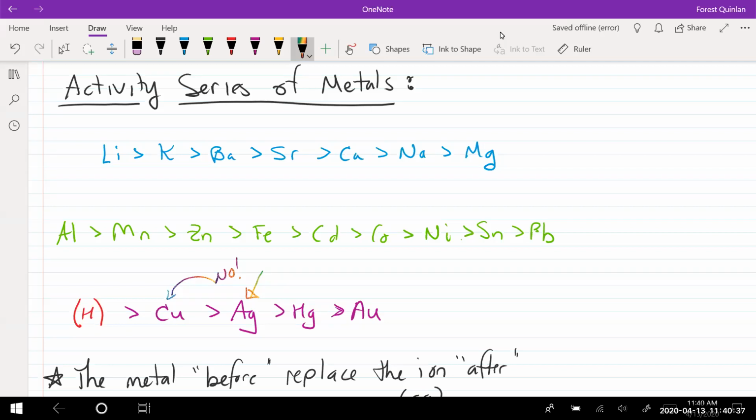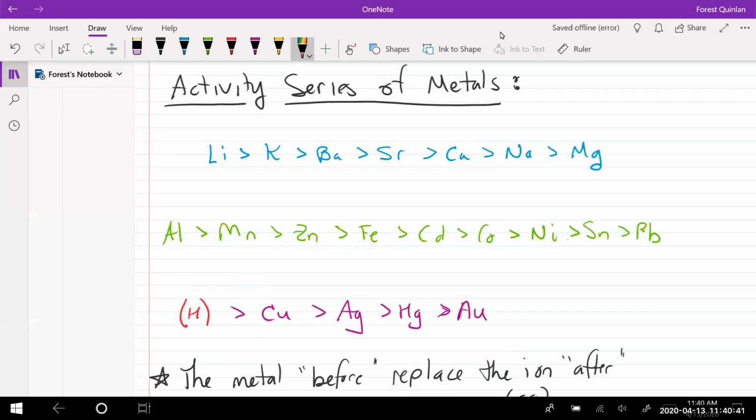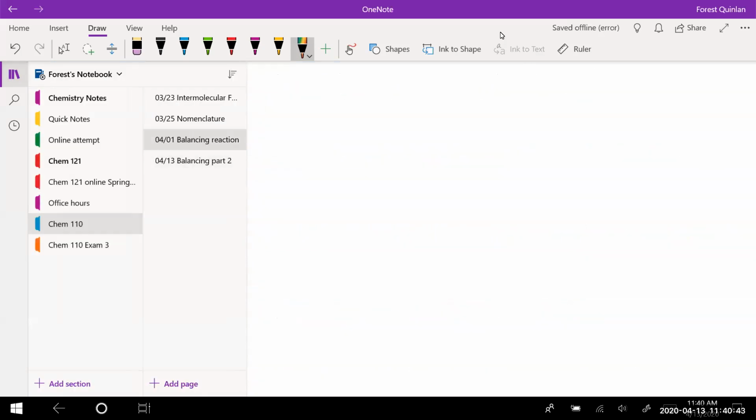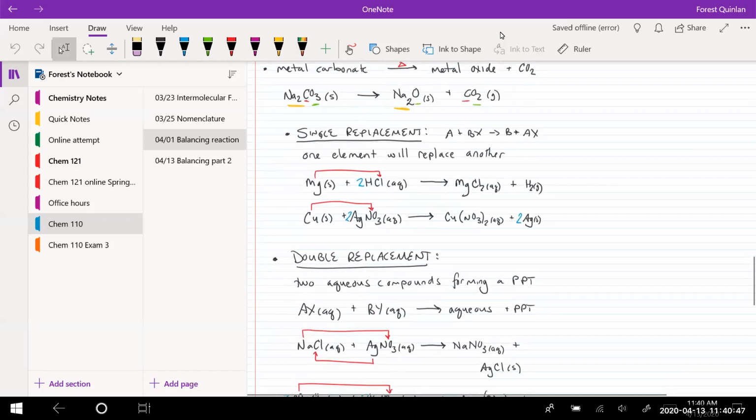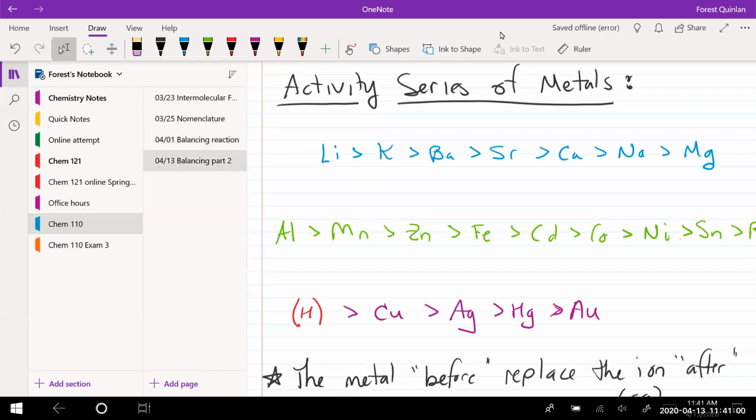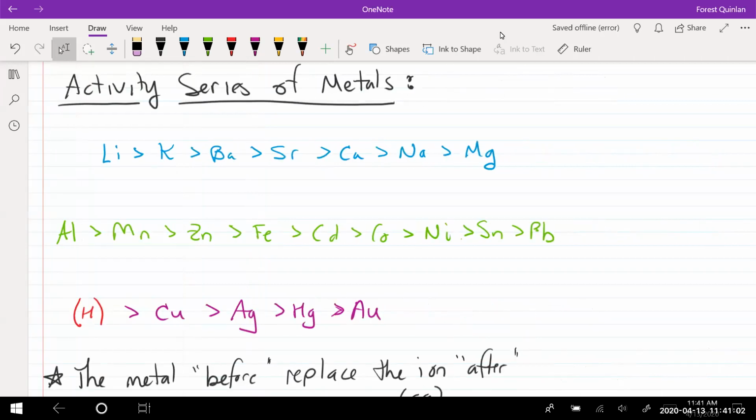Now, if we take a quick look back, I'm going to go ahead and actually access our former notes here. Let's go back to these single replacements. We had magnesium trying to replace hydrogen in one of them. And of course, we already had our copper example. Let's go back to our chart here.